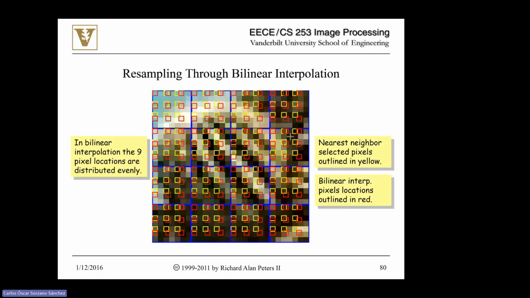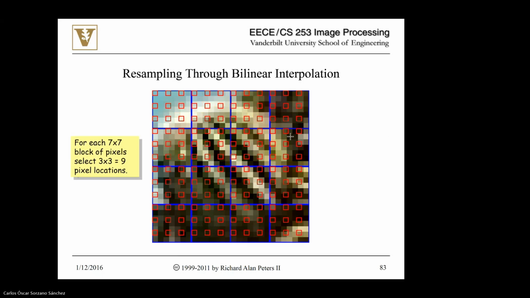But now the distance between red points is uniform in all directions.